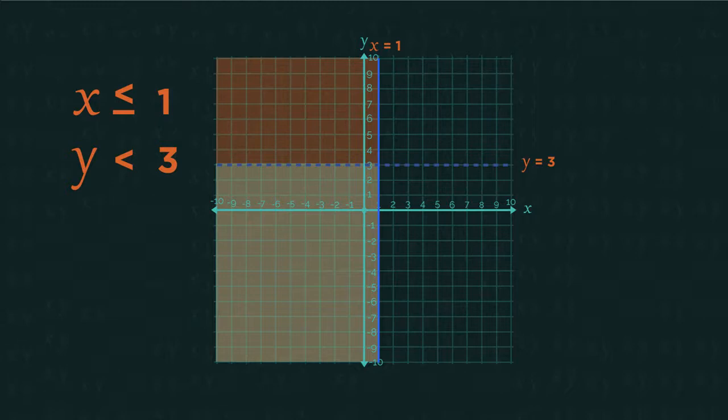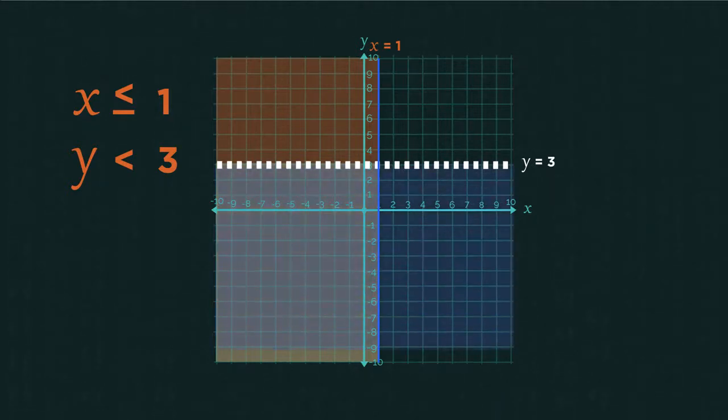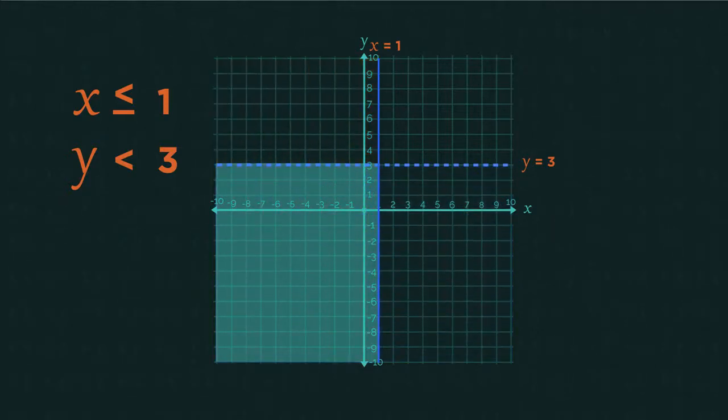And then looking at y equals 3, it's a dotted line because there's no or equals to. And we shade everything underneath the line because we want everything that's less than 3. The area that satisfies both inequalities is this section here. So that's the region that we want.